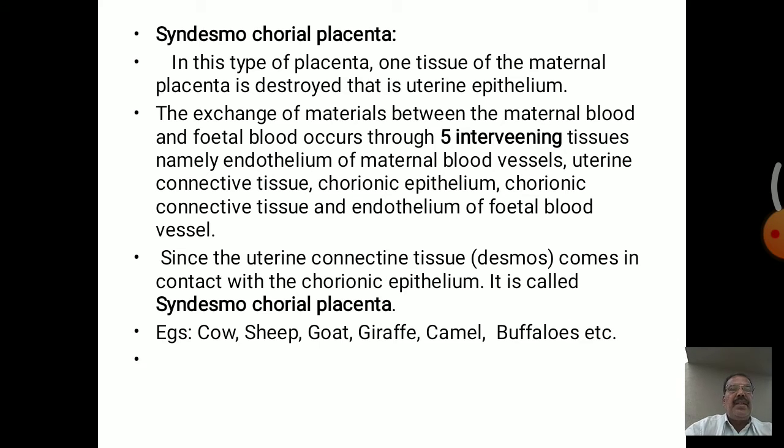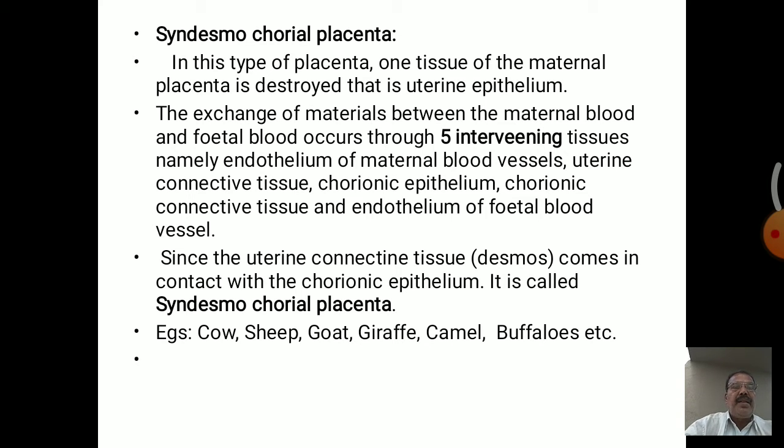So second one is syndesmochorial placenta. In this type of placenta, one tissue of the maternal placenta is destroyed, that is uterine epithelium. So, uterine epithelium is absent.